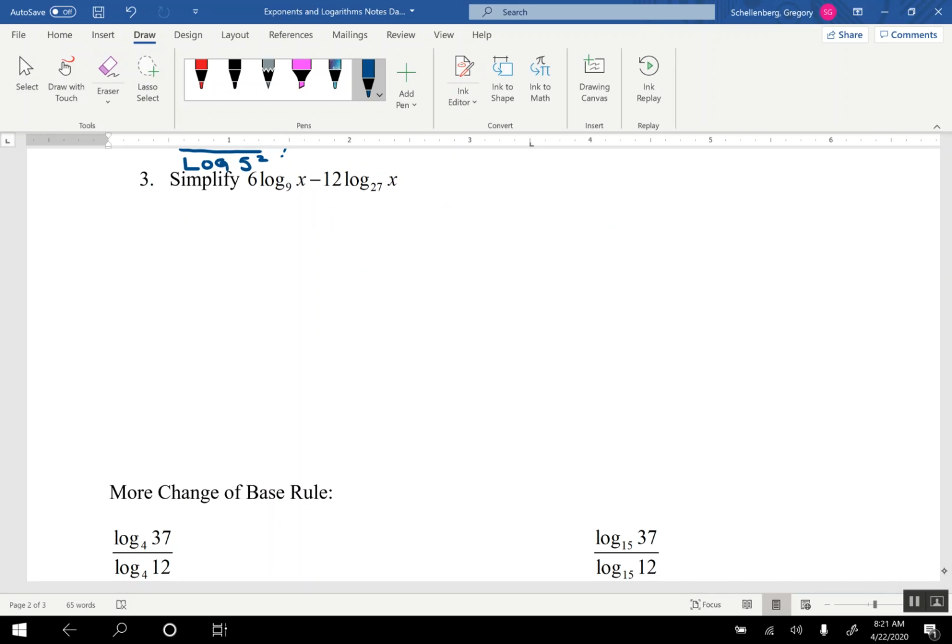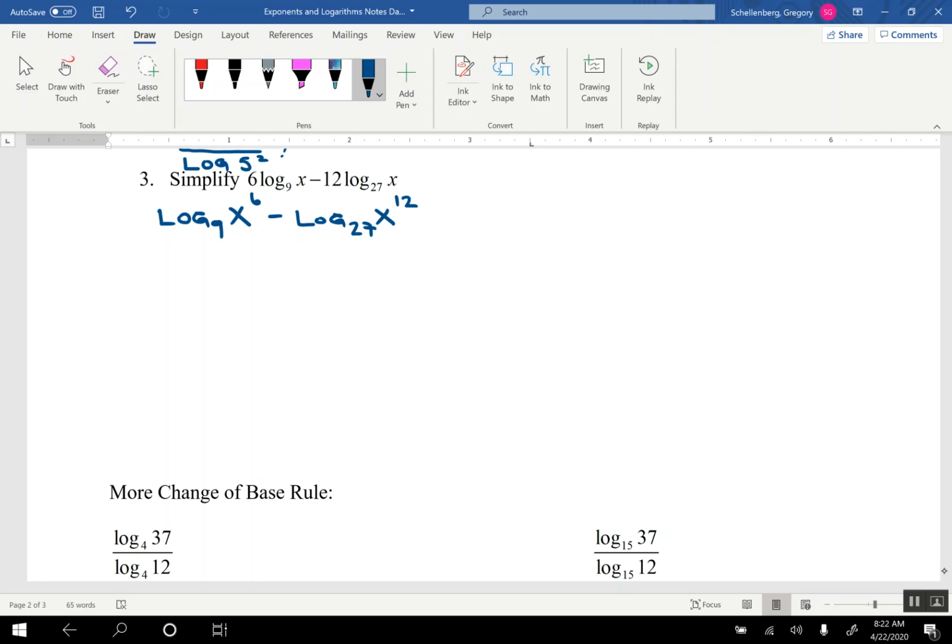So 6 times log base 9 of x, I'm going to rewrite as log base 9 of x to the power of 6 minus, and then this will become log base 27 of x to the power of 12.